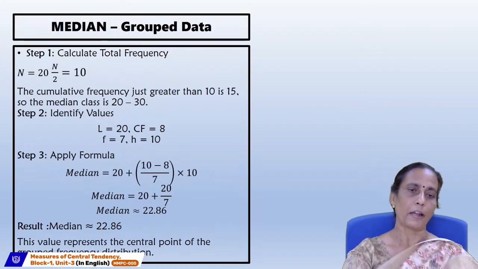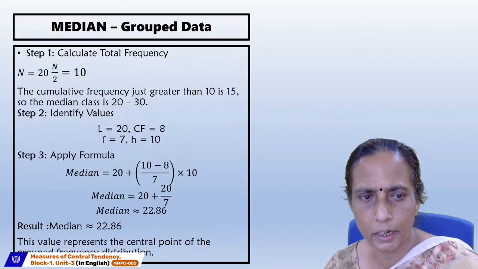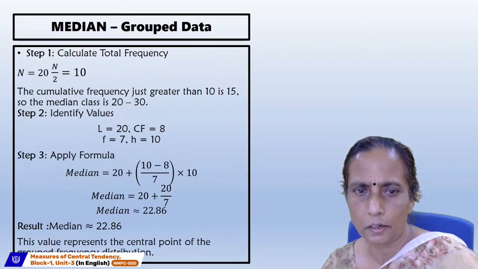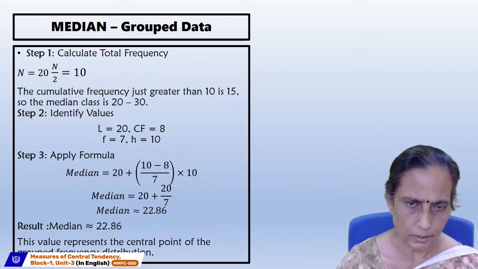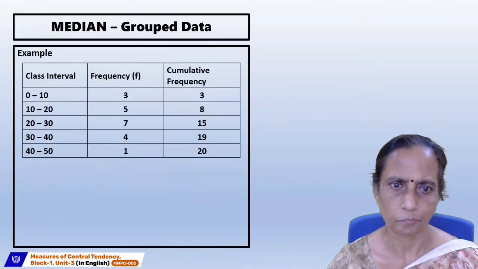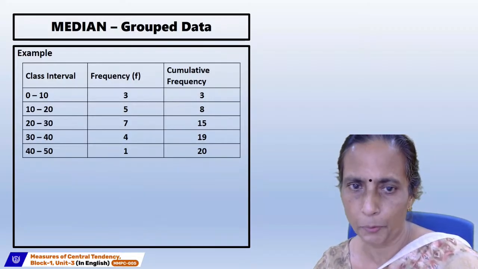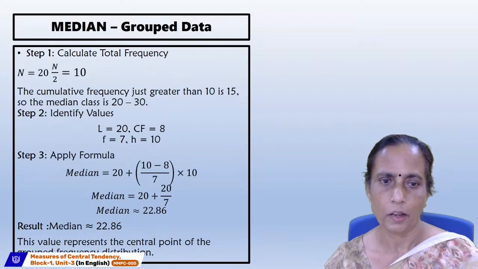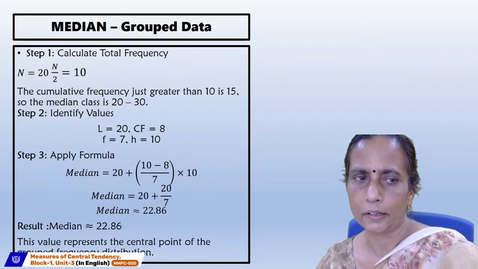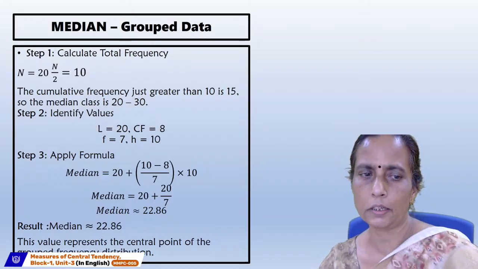So our values in our formula: L is equal to the lower limit of the median class interval, 20. CF is the cumulative frequency of the class preceding the median class, that is 8. The frequency of the median class is 7, and the difference between the upper limit and lower class limit is 10.